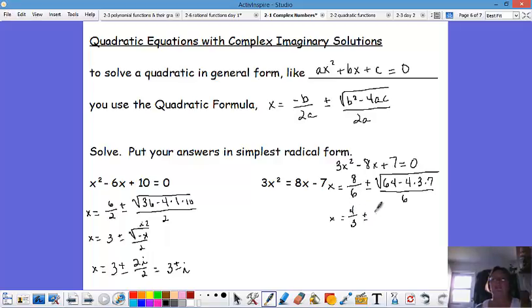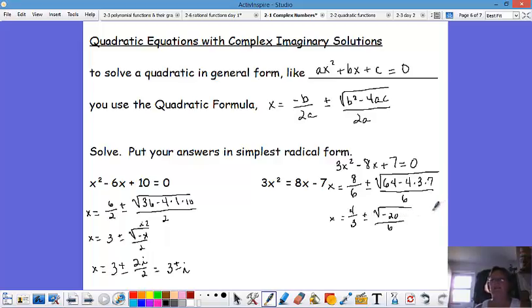Plus or minus, and then I got to think about what's under the radical here. 4 times 3, well, it might be easier to go this way. 3 times 7 is 21, and 21 times 4 is 84. So we're talking 64 minus 84, that's -20, all over 6. -20 is not going to worry me because I know that that's 4 times 5 times -1, right?